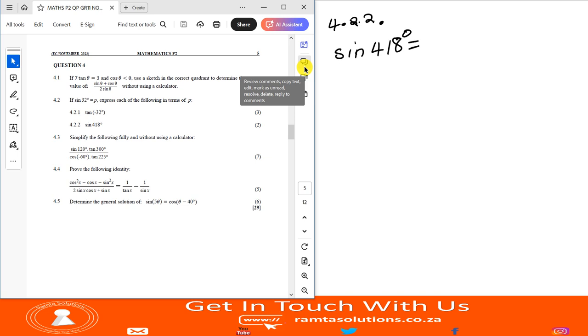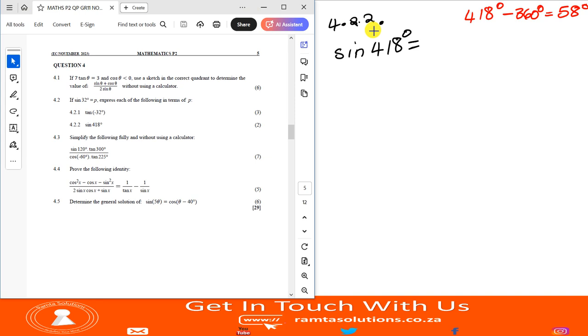So for example, you will see 418 minus 360. Let me just write it in red somewhere there. I believe you will be getting 58 degrees.